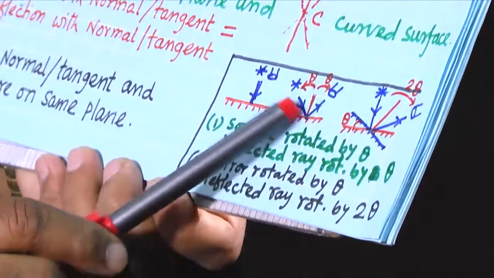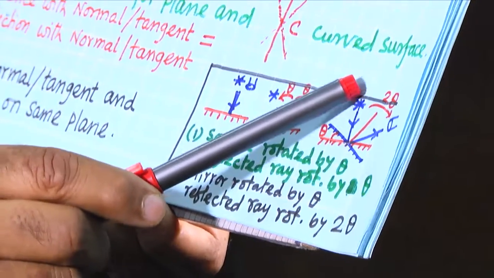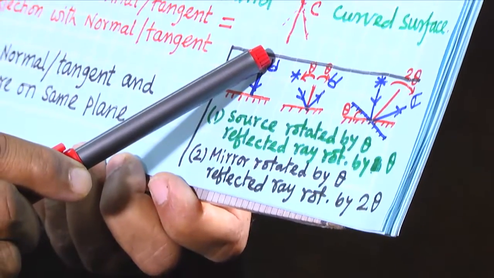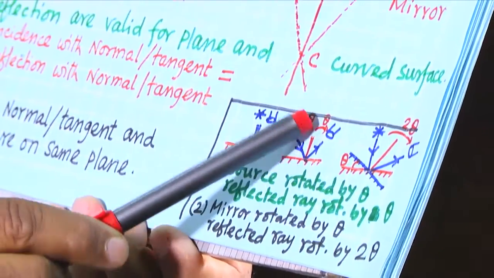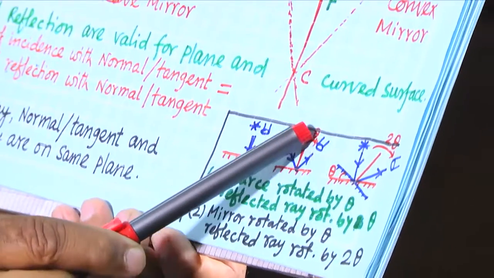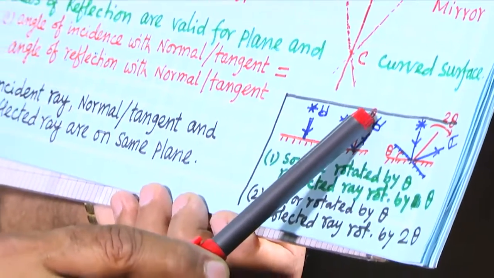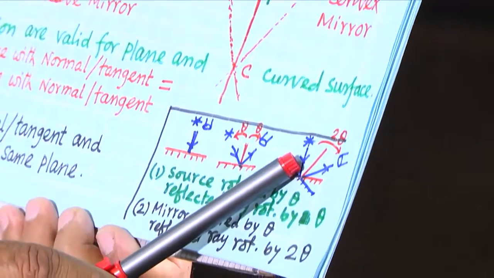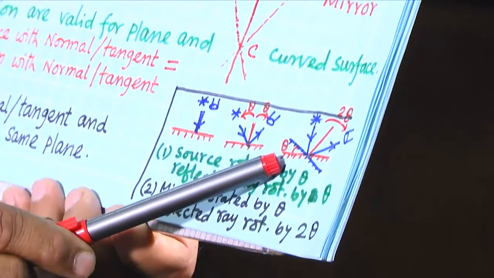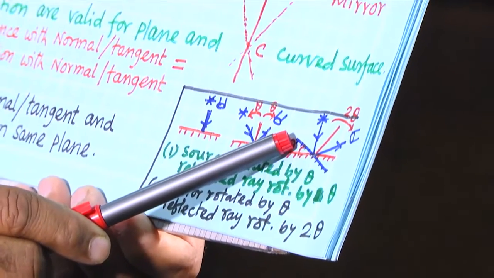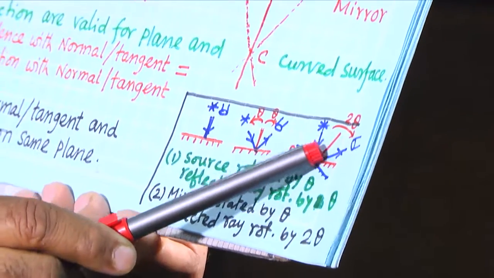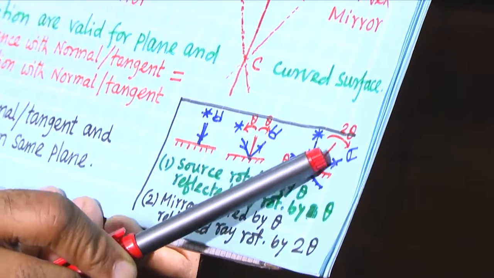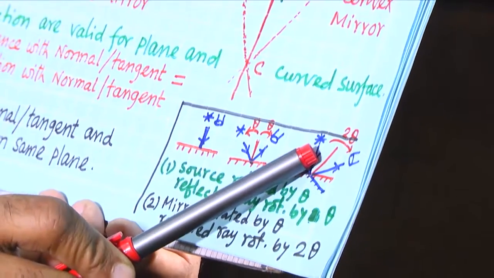The source is at a fixed position, and the detector was also at this position. If I rotate the source by theta, I also have to rotate the detector by theta. But in this case, the source is fixed. If I rotate the mirror by angle theta, the incident angle is theta.